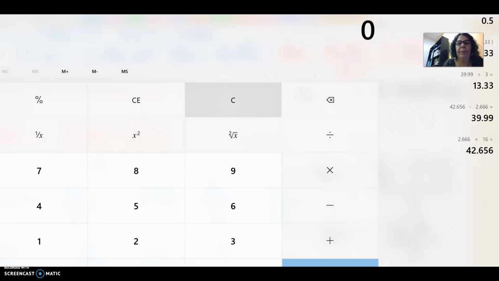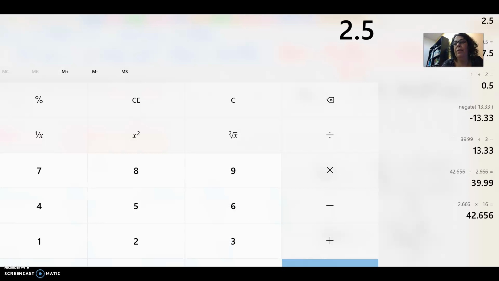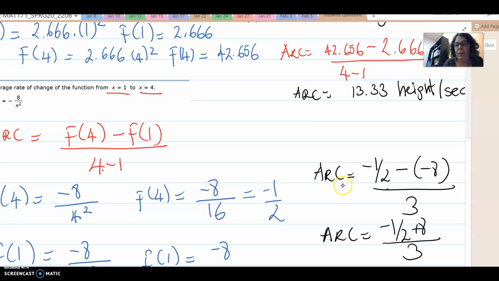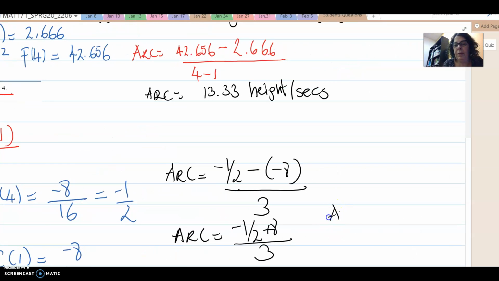I can't change the sign, so I'm going to do it this way: 8 minus 0.5, divided by 3. That gives 2.5. So the average rate of change here will be 2.5.